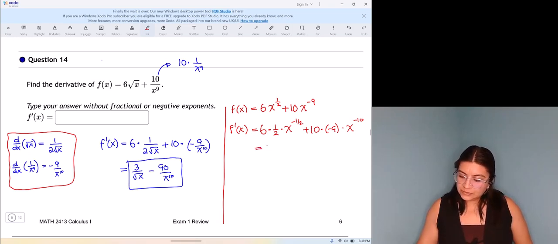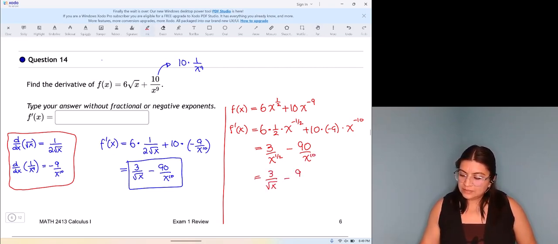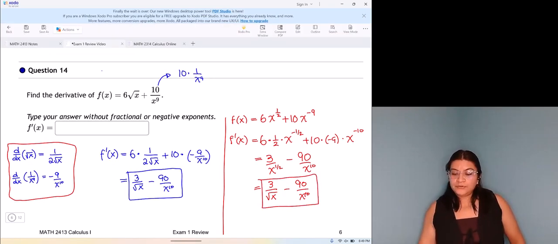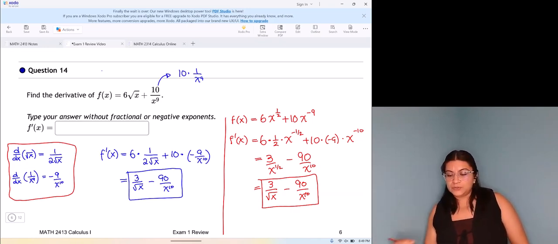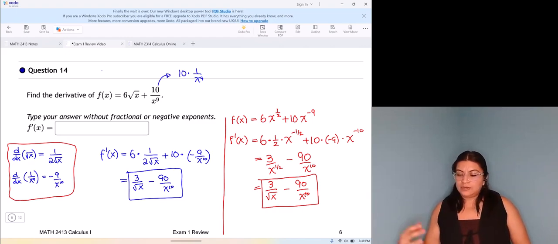This is 3 over x to the 1/2 minus 90 over x to the 10th. For the first part, the bottom becomes the square root of x, and then this one stays the same. So again, that's another way to find the derivative. On the review, once you do this one, then click on Get Similar Question until you're able to do this without your notes.